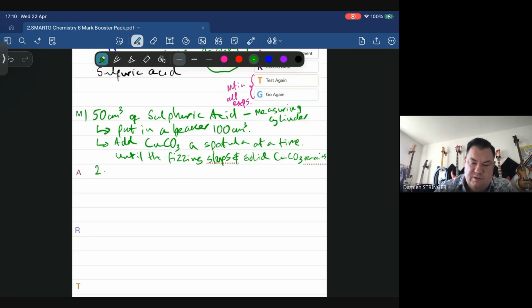Number two, we're going to filter it. So this is when we might want to just mention what we use. So it is kind of moving into the apparatus. Filter it. So obviously that's with filter paper, filter funnel. And then once you've filtered it, take the solution.